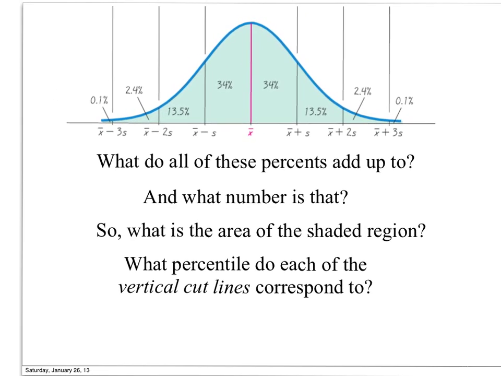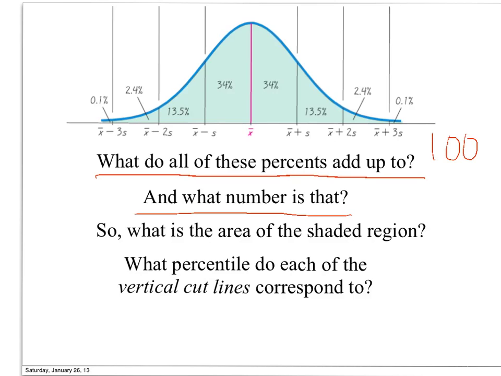So if you remember the empirical rule and the way a normal distribution looks, and all these nice standard deviation mark-offs on this nice curve, you know what all those percents add up to, of course. They add up to 100%, and that's the number 1. Right? 100% is the number 1. That's what all those percents add to. So that 1, this 100%, represents the area of the shaded region.